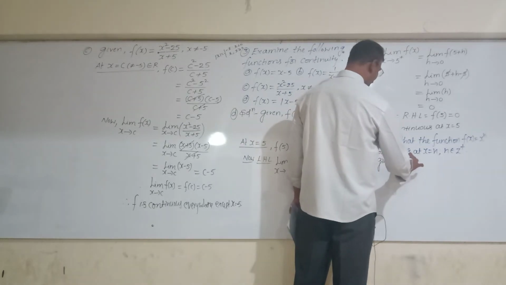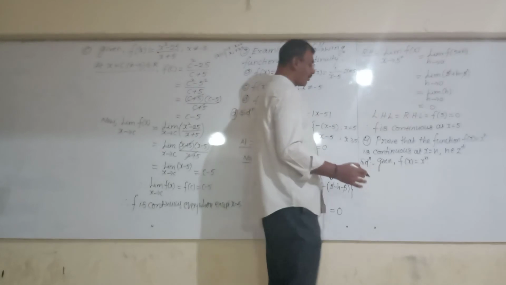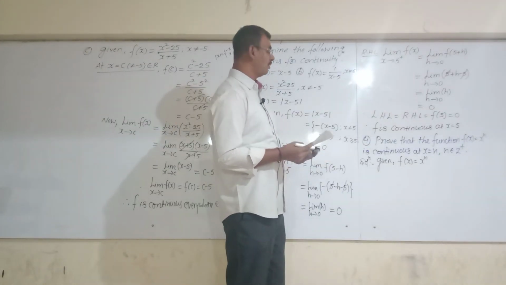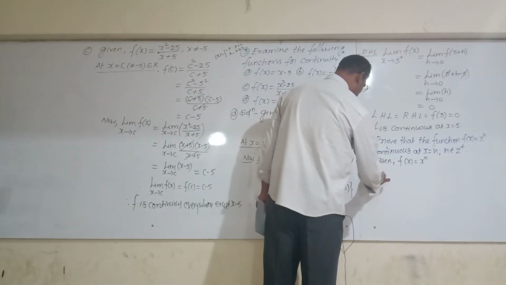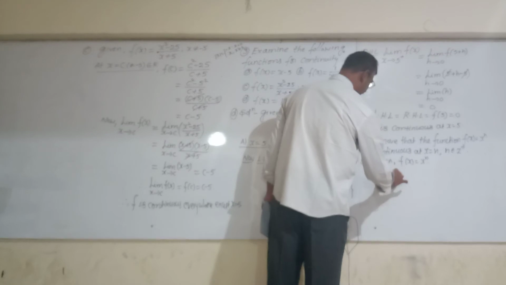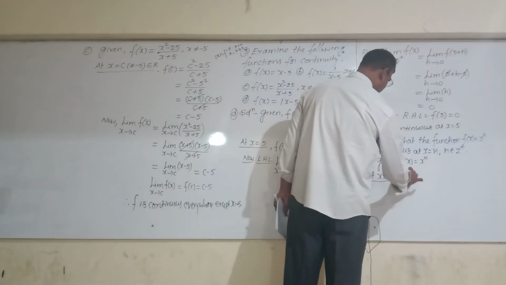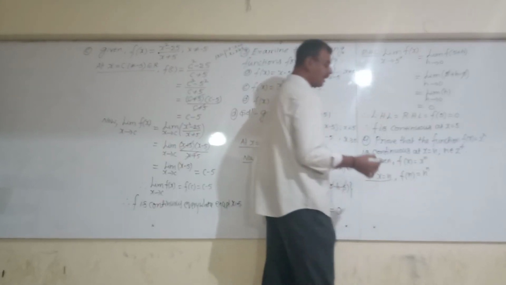Given f of x is equal to x raised to n. At what point do we have to examine the continuity? At x is equal to n. So find f of n, that is equal to n raised to n.